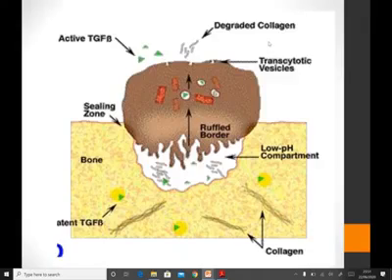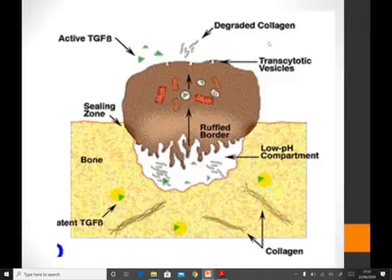Once the organic matrix has been exposed, the same ruffled border exocytoses certain enzymes like lysozymes and acid phosphatases onto the resorbing bone surface that degrade the organic matrix.